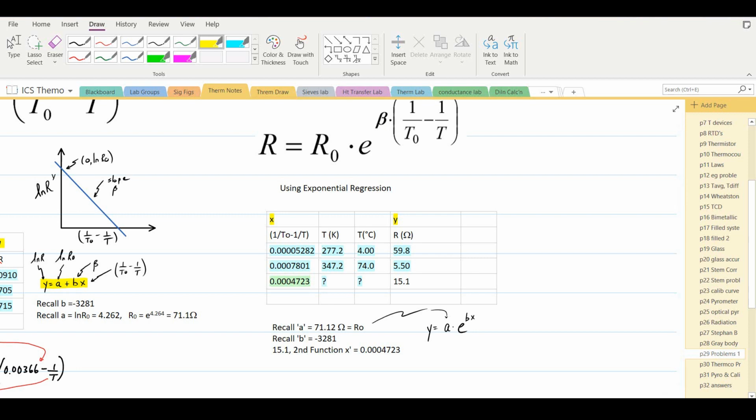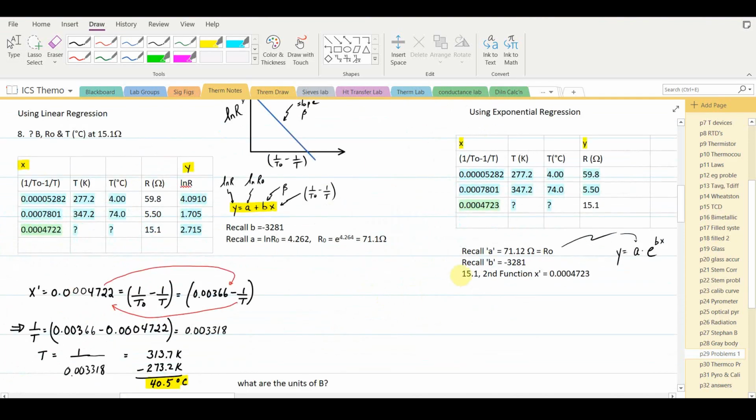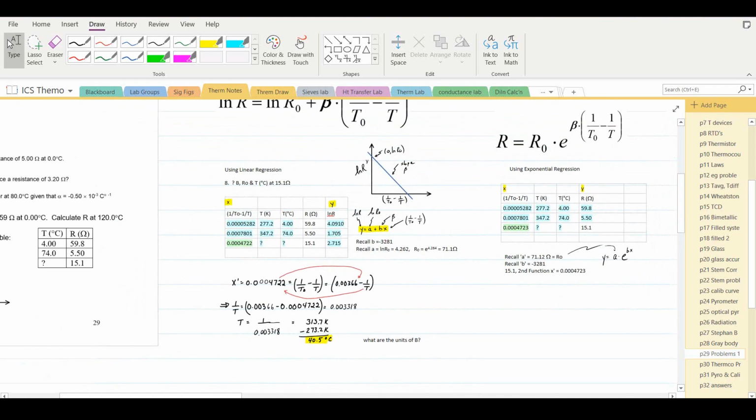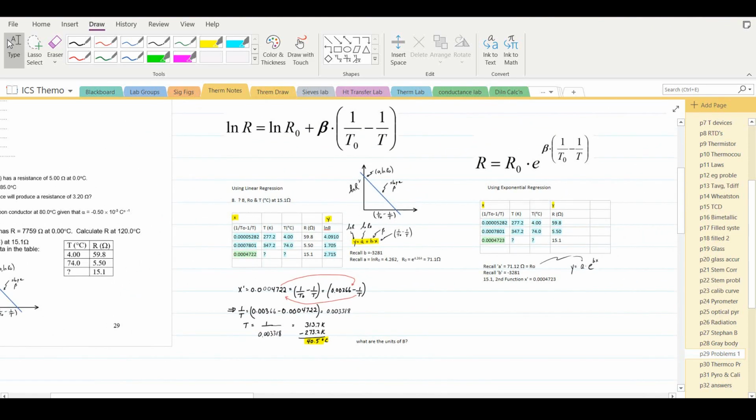Then you'll have to forecast the x prime value for a resistance of 15.1 ohms, and it's 0.04723. And you can evaluate what T is just as we did over here. Again, it's the same value, 40.5 degrees Celsius. So not too difficult to understand, but definitely tedious, so take some time to work through that problem. You might see something like it on a test. So that'll be it for our study of thermistors.